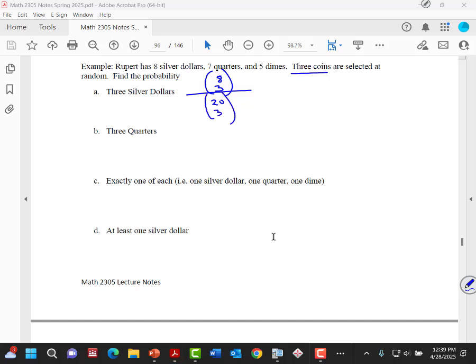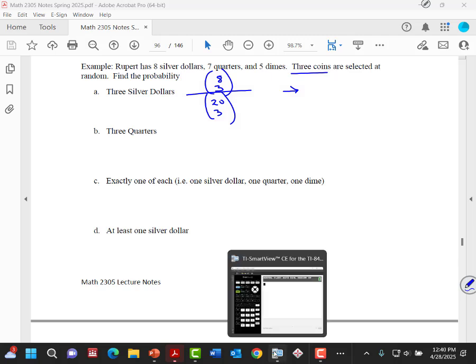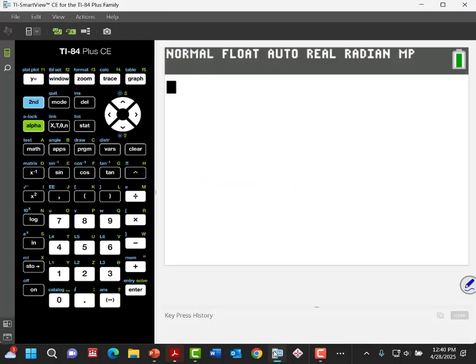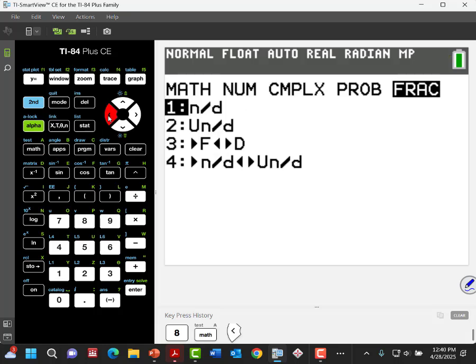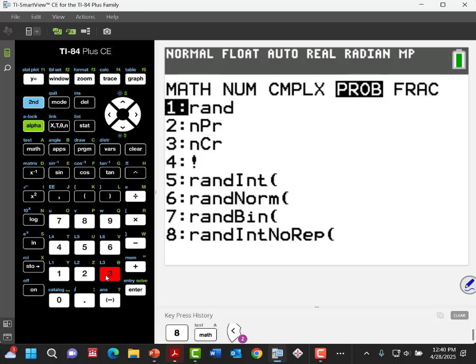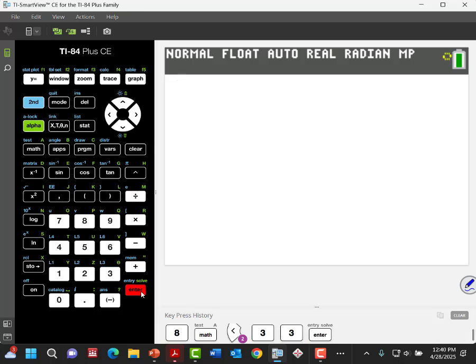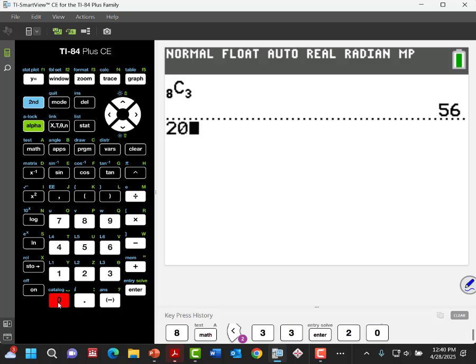And for these right here, I'm just going to stop right there. I'm going to assume that you could compute these and find out what the probability is as an actual decimal. I guess I'll go ahead and do this first one. So 8 combination 3. In the TI, that's simply 8, math, probability, combination 3. So 8 choose 3 is 56. The denominator was 20 choose 3.